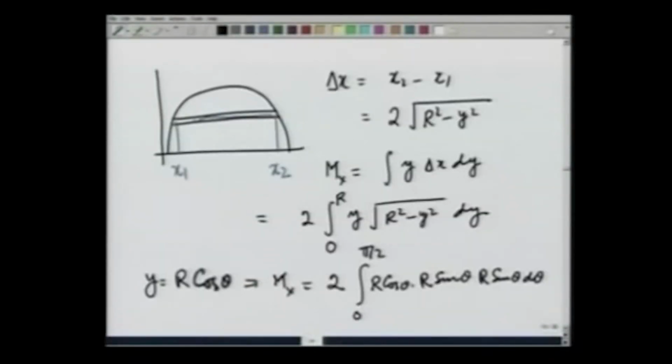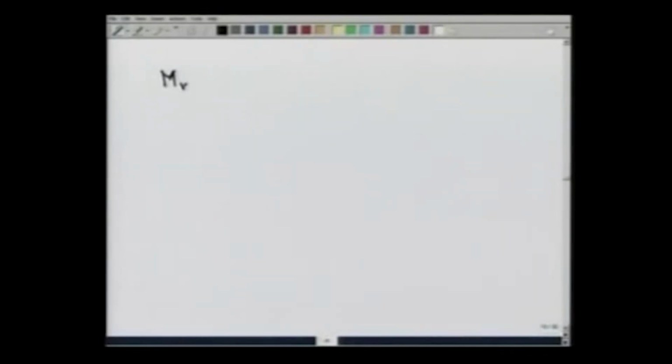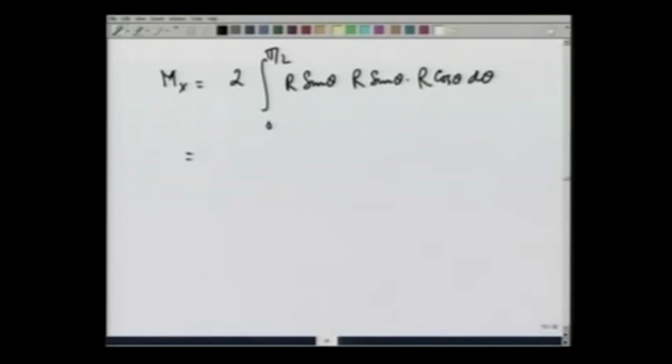So, this is mx equal to integration 2, 0 to pi by 2, r sin theta r sin theta r cosine theta d theta, which is 2 r cubed integration 0 to pi by 2 sin square theta cosine theta d theta.